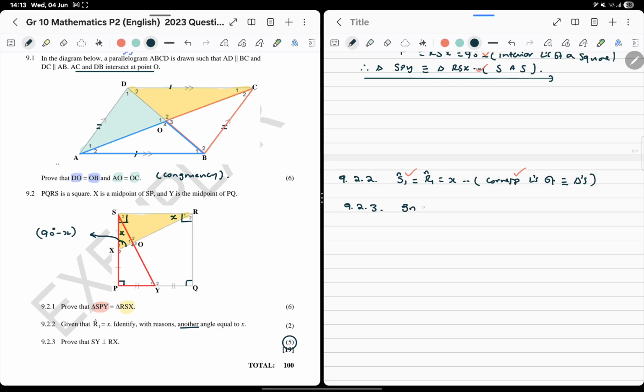So we can go there and say in triangle SOX, what can we say there?